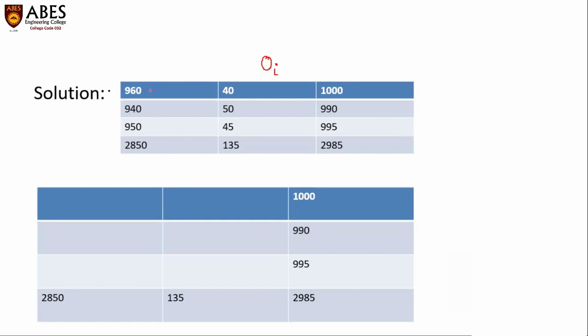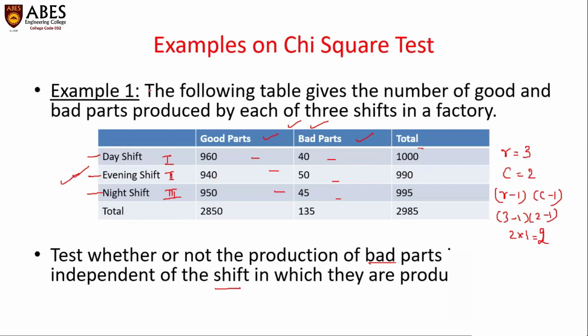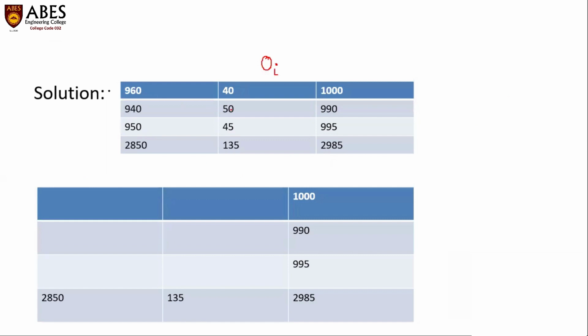So I have picked the data from here: 960, 940, 950 in the first column, 40, 50, 45 in the second column, and the fourth row and third column are for total. Right? So already the total is given to us in the question. So we just have to find out the entries of the remaining cells. 6 cells are there.